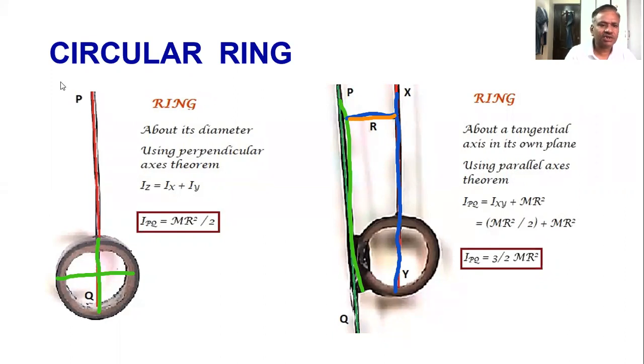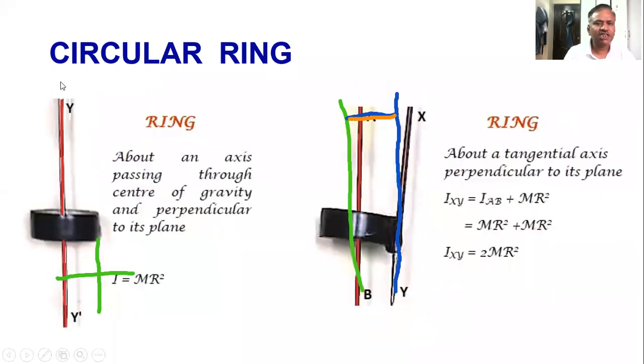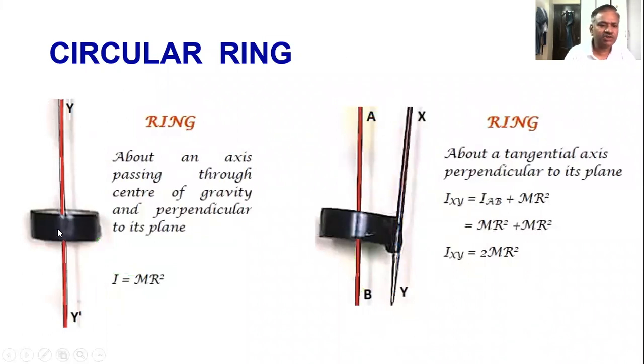Once again, I recapitulate: the moment of inertia of the circular ring about an axis passing through center of gravity is M r square. And this is the tangent, no doubt, but it is perpendicular. See the figure, how it is. Then this formula equals 2 M r square, this value plus this value. It is not the perpendicular axis theorem; I made one mistake here.